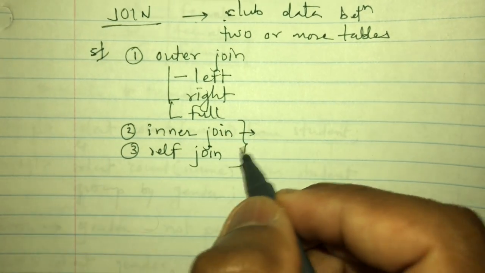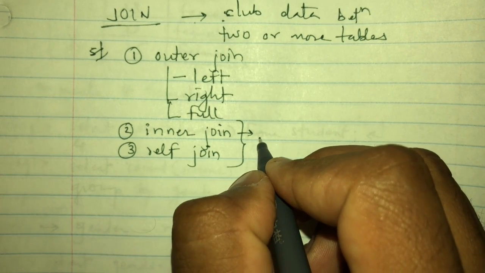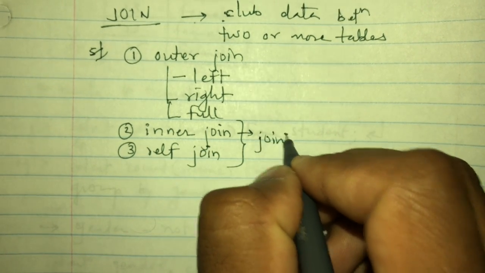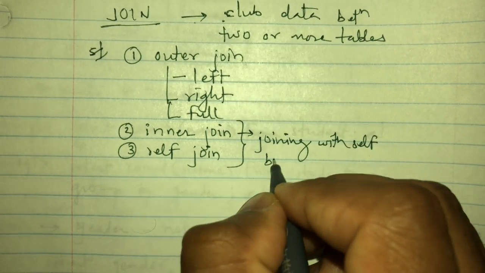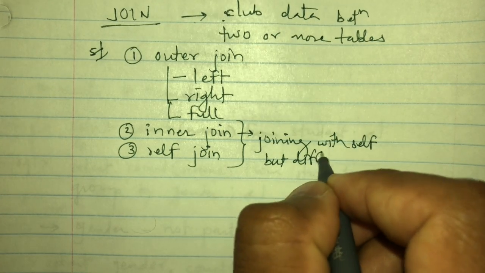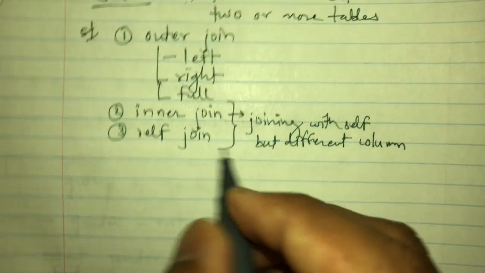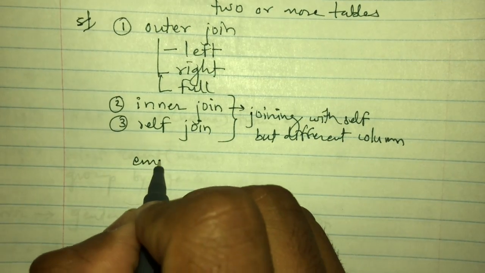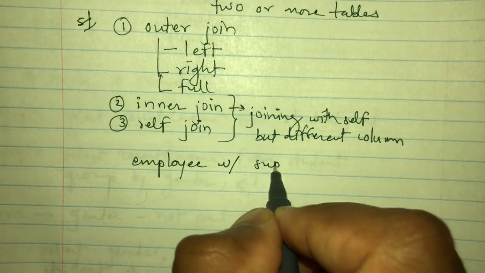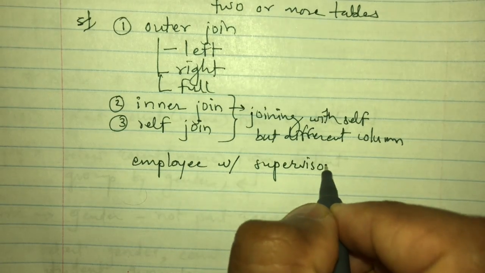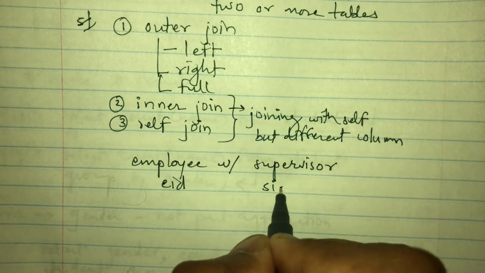So inner join and self join coincide when it comes to their technical definition, whereas self join means joining with the same table but a different column. An example of this will be an employee table with supervisor ID, so employee ID EID and supervisor ID SID.